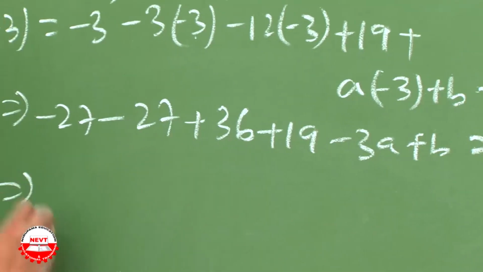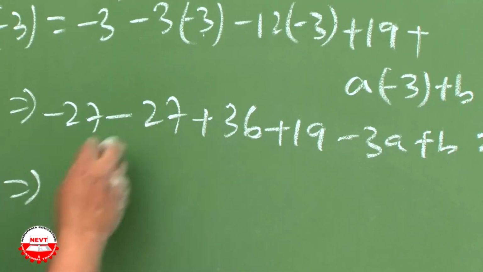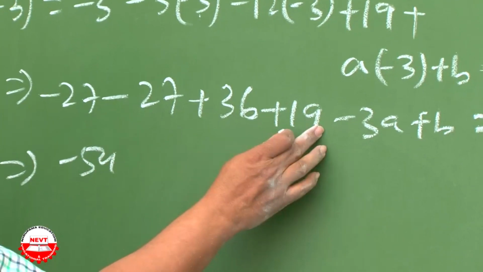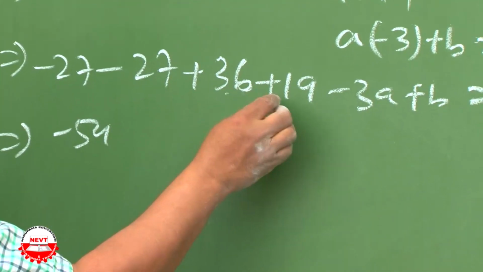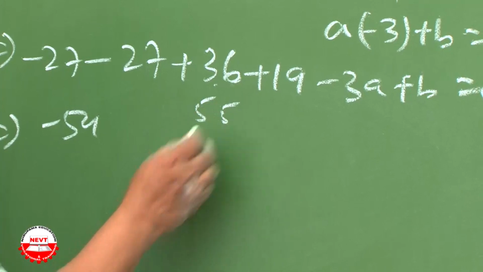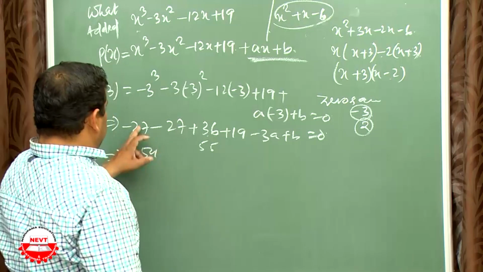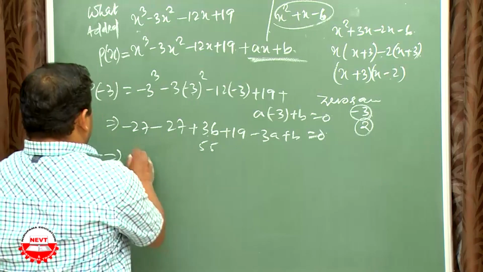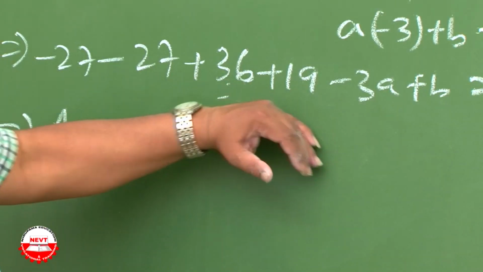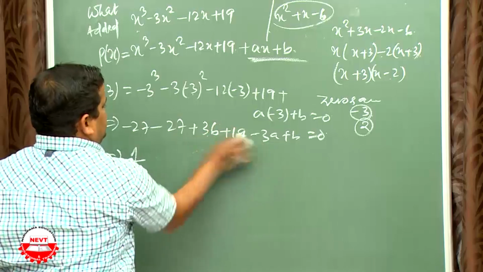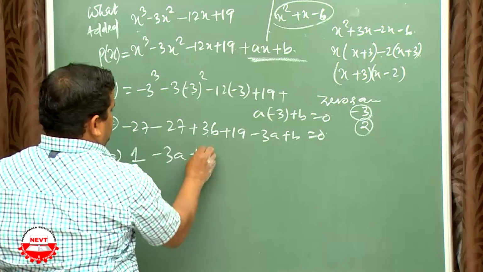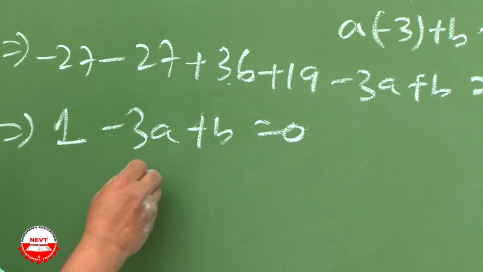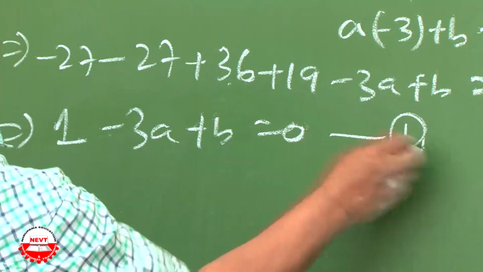That means this is minus 54, this is plus 55. That means minus 54 plus 55, that is plus 1. Then 1 minus 3a plus b is equal to 0. So, this is equation 1.